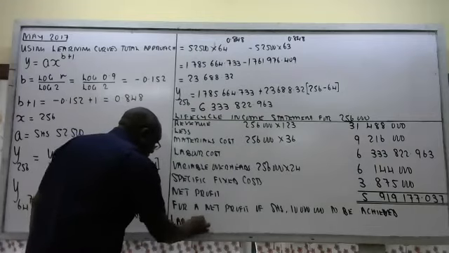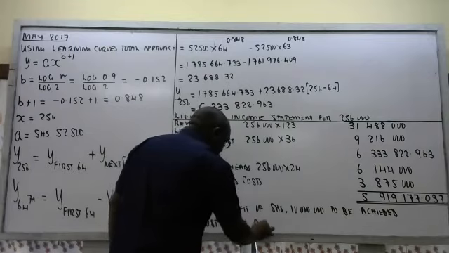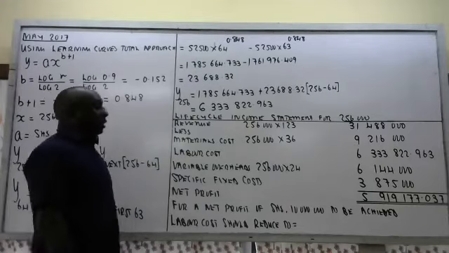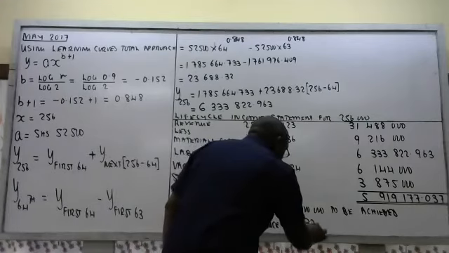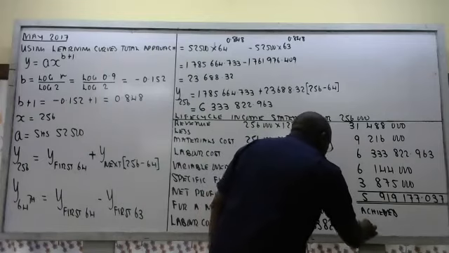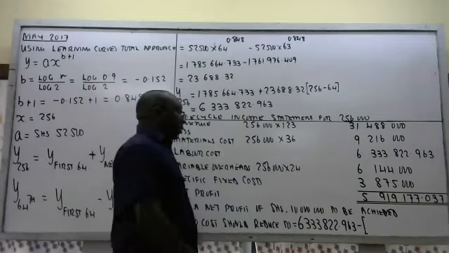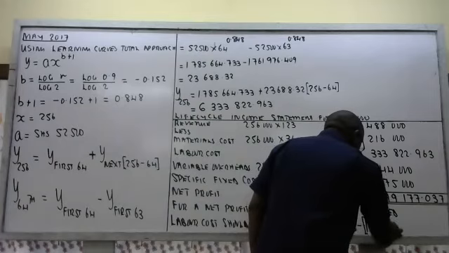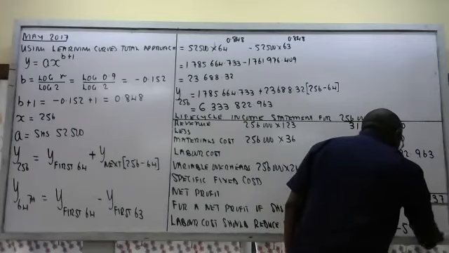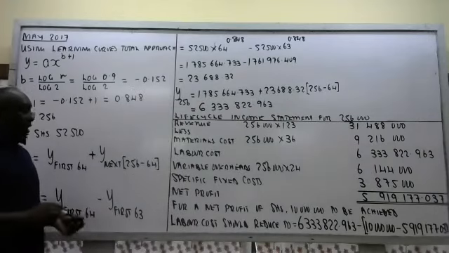labor costs should reduce. You take this current labor cost, 6,333,822.963, minus the gap between 10 million and this current profit, 5,919,177.037. So labor should reduce to that.